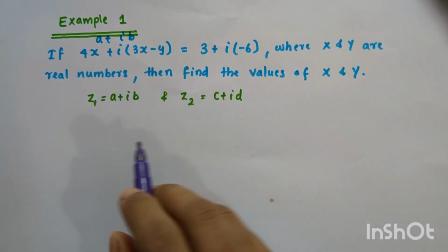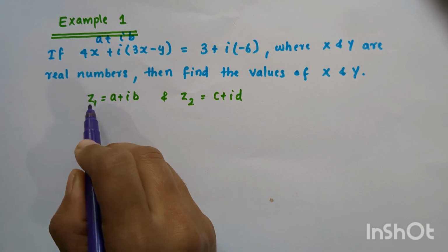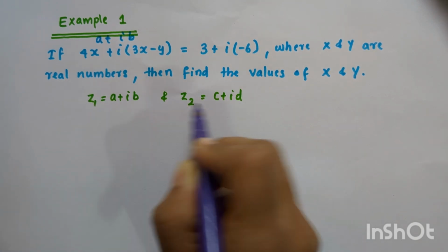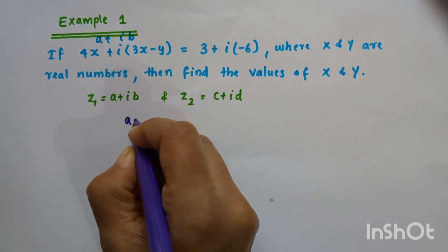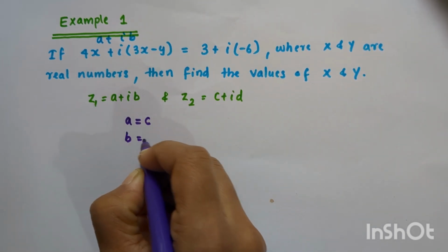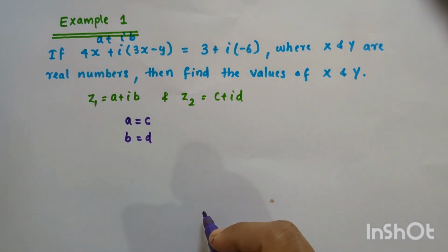So we already know that if we consider two complex numbers z1 is equal to a plus ib and z2 is equal to c plus id, these two complex numbers are equal if a is equal to c, that is, real parts are equal, and b is equal to d, that is, imaginary parts are equal.